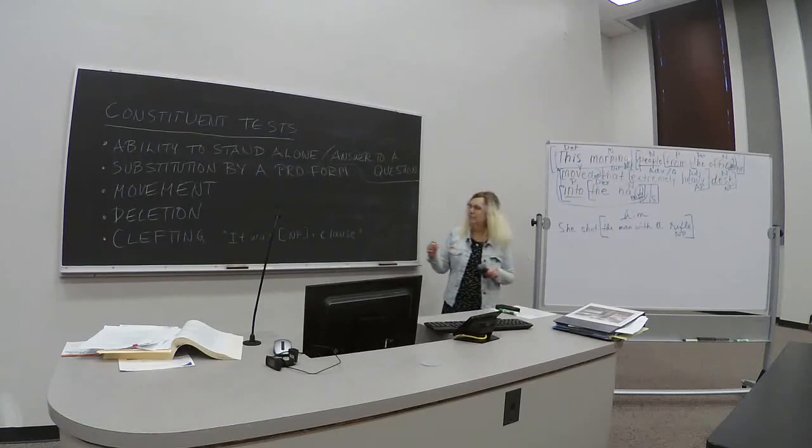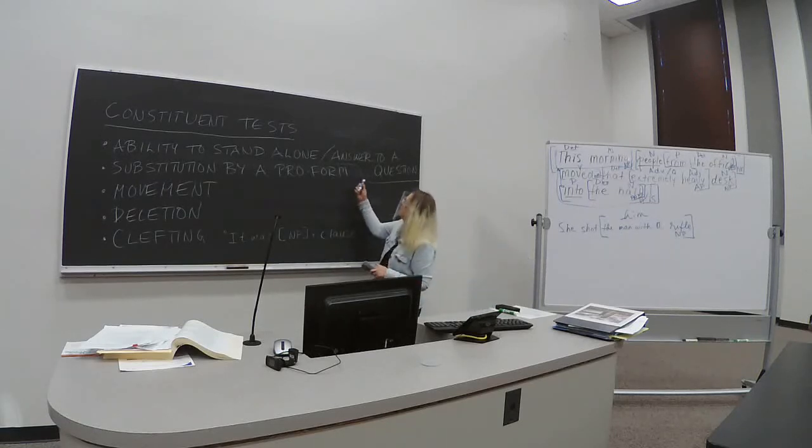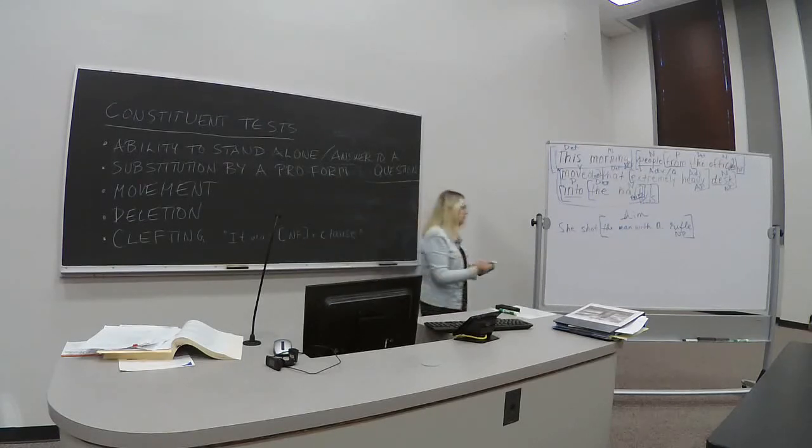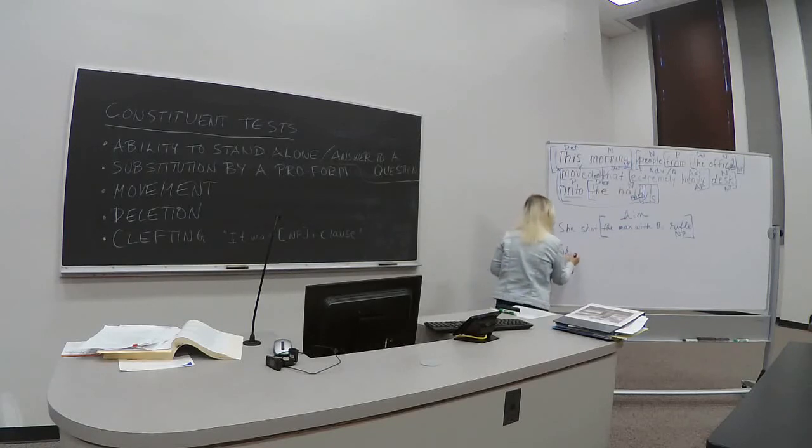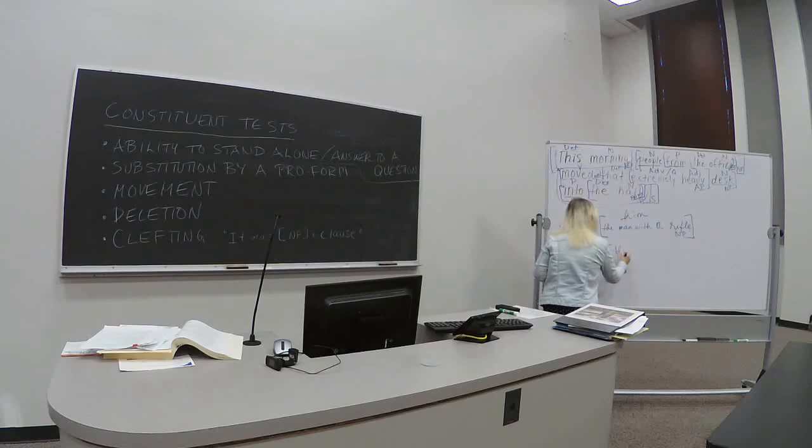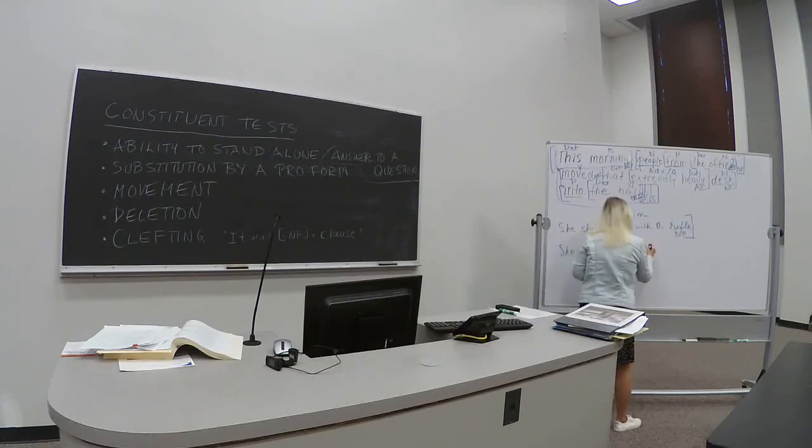She shot him. That would be the substitution by a pro-form test, in this case a pronoun. The other meaning is that she shot the man. Now the man is the constituent, it's the noun phrase.